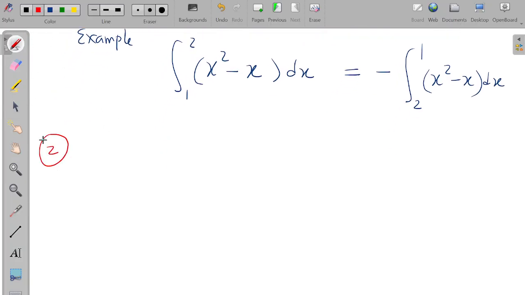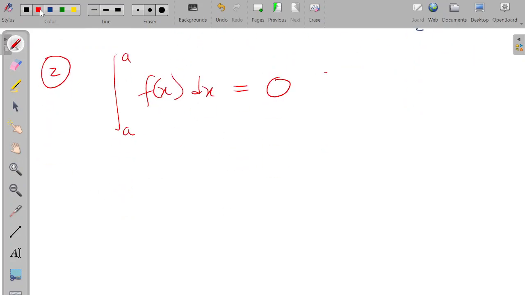Then number 2, the integral from A to A. If we are integrating from the same point A to A, then that will be 0. Example, the integration from 2 to 2 of x squared minus 1.